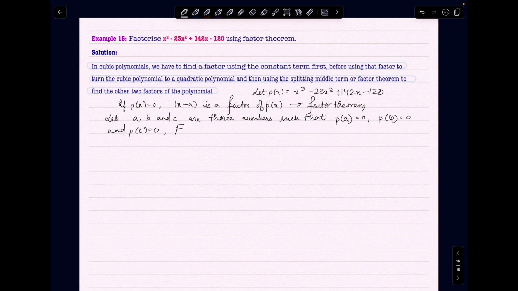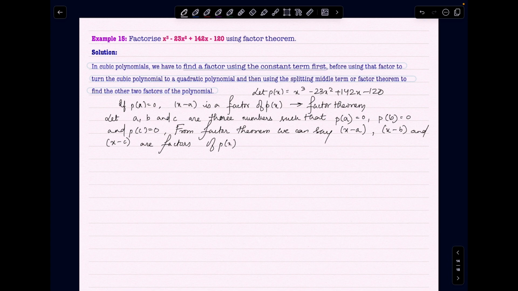From factor theorem, we can say x minus A, x minus B and x minus C are factors of P of x.